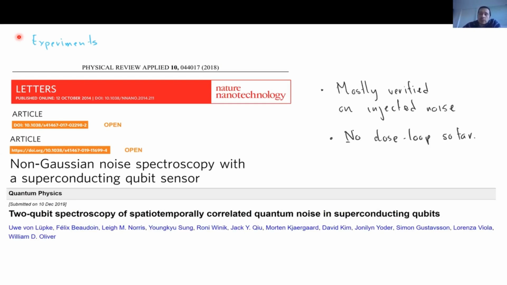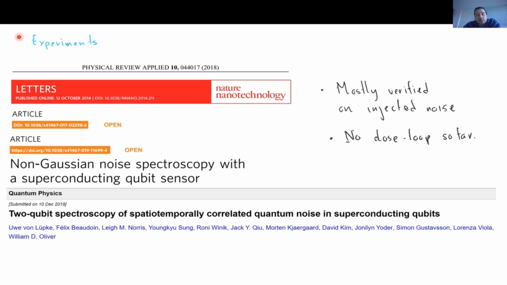Unfortunately, mostly they have been verified when you have injected noise. That is to say, they generate some artificial noise, they apply it to the qubit, and they apply it simultaneously with the spectroscopy protocol, and they verify that indeed they are getting something like the injected noise, right?